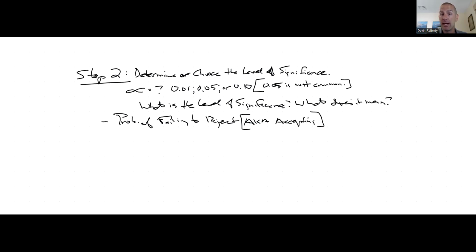Those are different things. Okay. Which I could talk about maybe in a minute. But the level of significance is the probability of failing to reject, or aka accepting, a false null hypothesis. Okay.